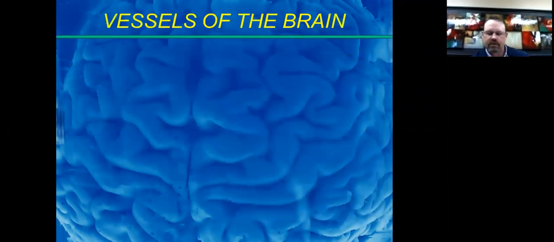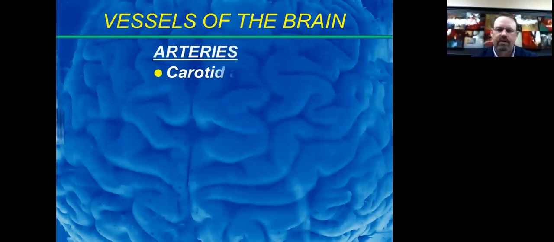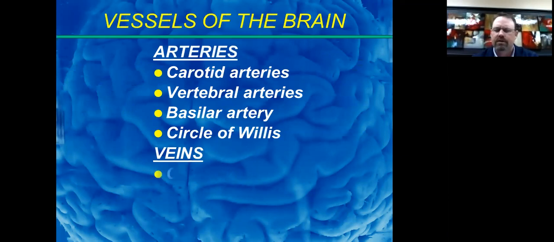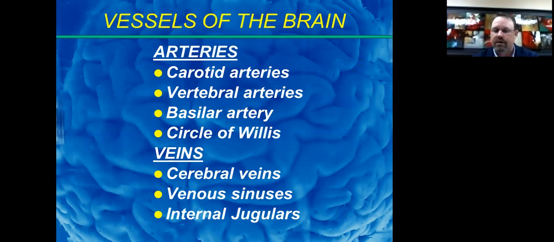Let's get into the vessels a little bit. Your arteries: carotid, vertebral, basilar, and circle of Willis. Venous side: cerebral veins, venous sinuses, and of course your internal jugulars.